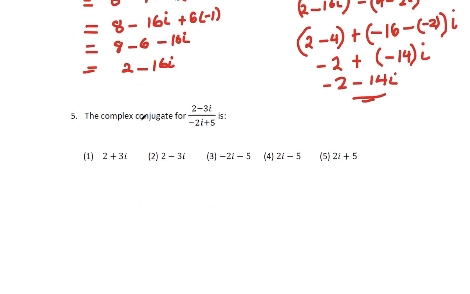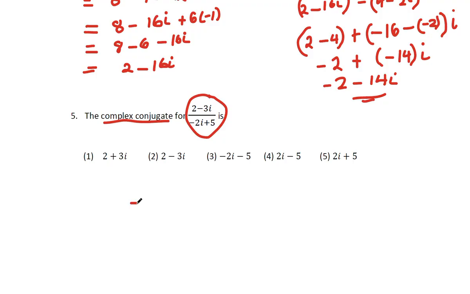Finally, we have a complex number here, and we're told to find the complex conjugate for 2 minus 3i upon negative 2 plus 5i. When you are trying to find the complex conjugate of a complex number written as a quotient, you just need to look at the denominator.